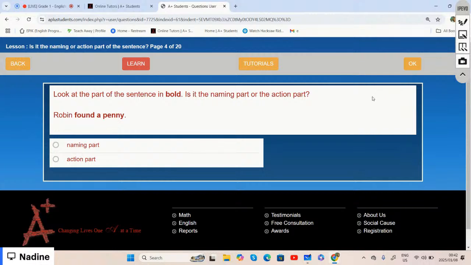So Robin found a penny. So found a penny. We need to say if that is a naming part or an action part.